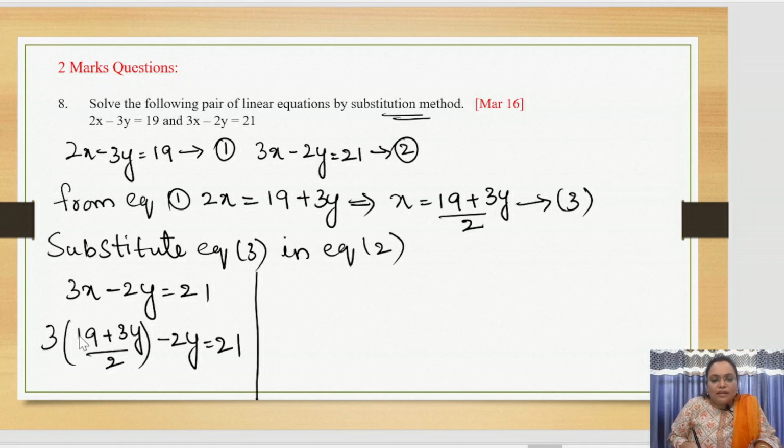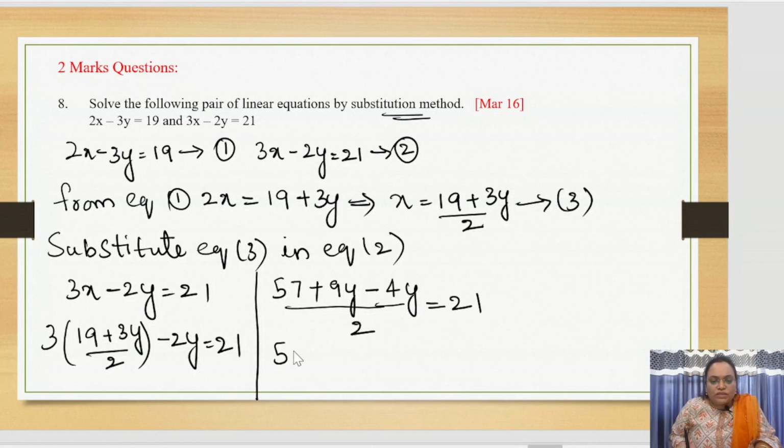I am multiplying the numerator with 3 and taking the LCM. 19 threes is 57. 57 plus 9y minus, taking the LCM here, 4y by 2 is equal to 21. So which is 57 plus 9y minus 4y is plus 5y.